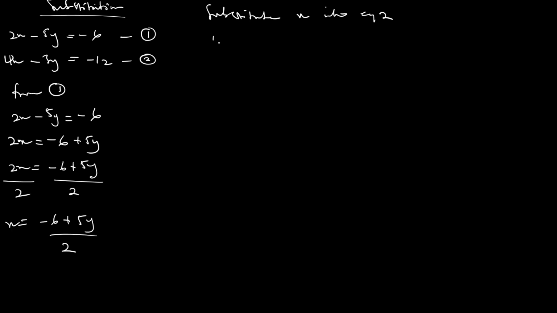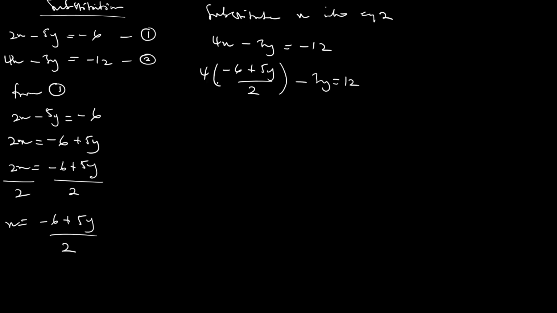So equation 2, we have 4x minus 3y equals to minus 12. Right now, the value of our x is minus 6 plus 5y, all divided by 2. So we're going to have 4 times minus 6 plus 5y, all divided by 2, minus 3y equals to minus 12.